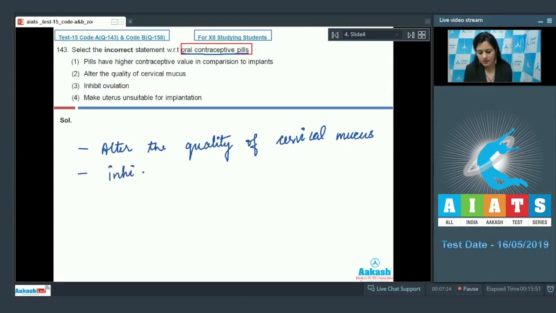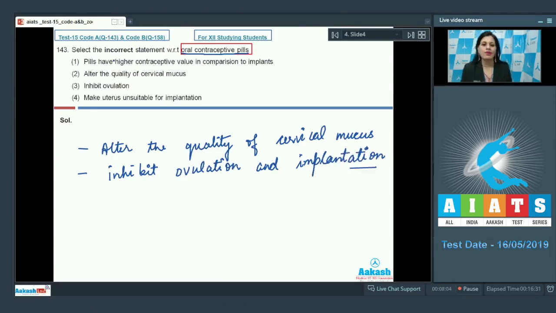They inhibit ovulation and implantation. Now let's discuss the options. The very first option given is pills have higher contraceptive value in comparison to implants, and as it is an incorrect statement with respect to oral contraceptive pills, this is a correct answer to our question because pills are very well accepted by females with lesser side effects and have lower contraceptive value than implants, so this is a correct answer to our question.